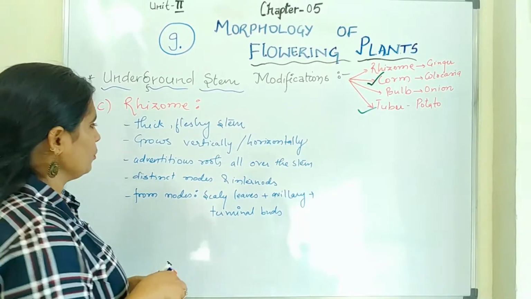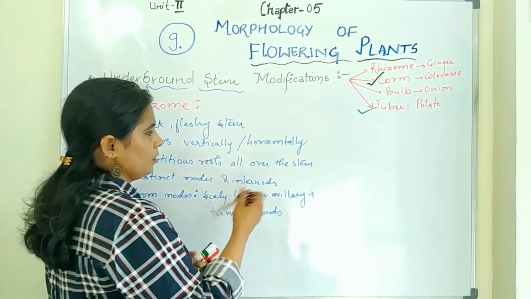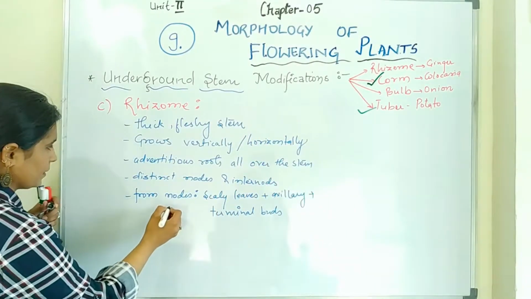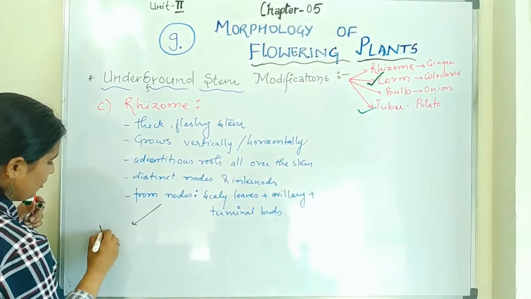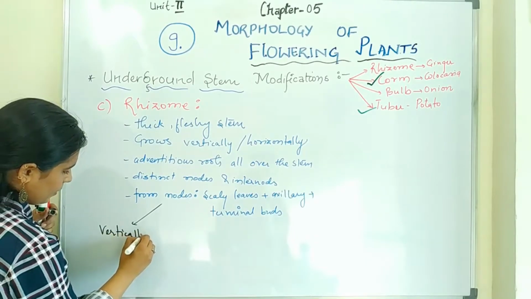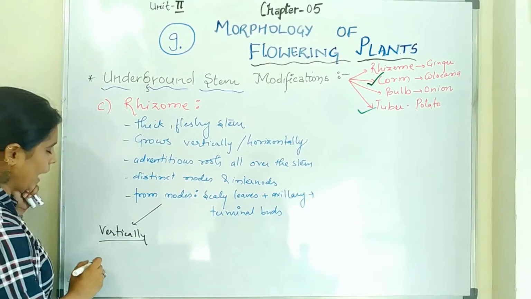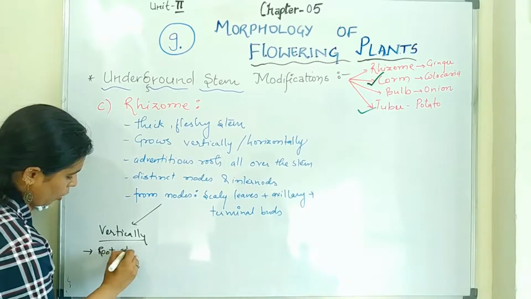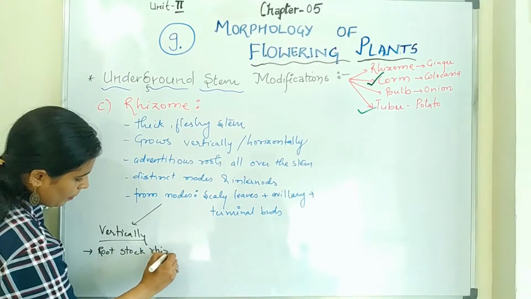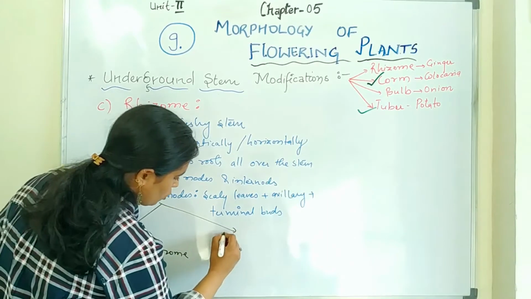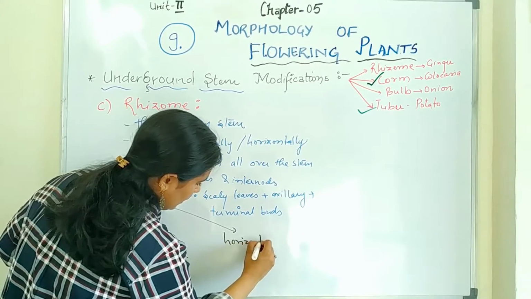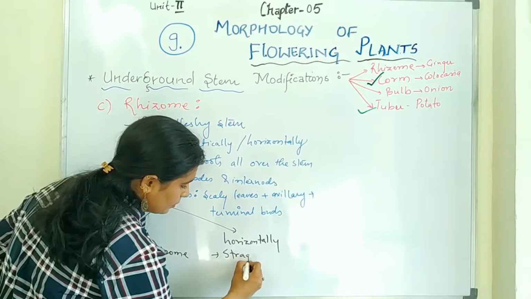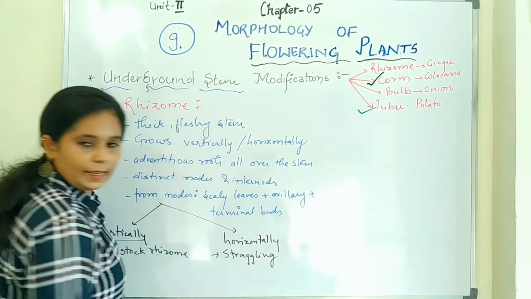Now, if the rhizome is growing vertically, I can write it like that. If it grows vertically, then you will call that rhizome a root stock rhizome. And if the same rhizome grows horizontally, you will call that a straggling rhizome.